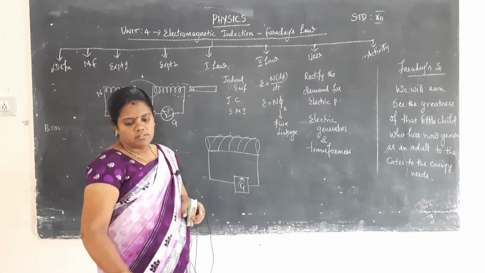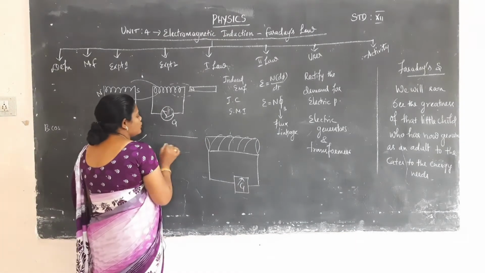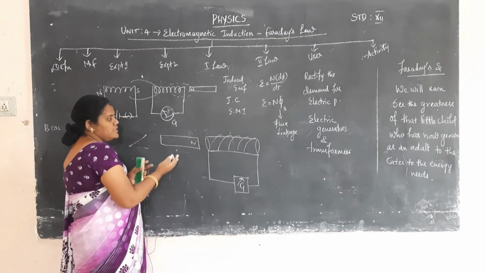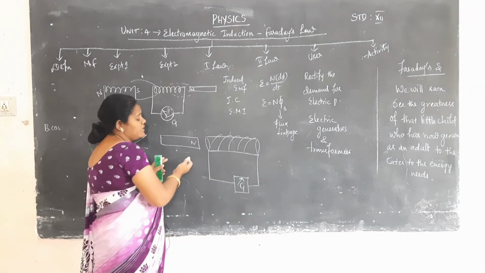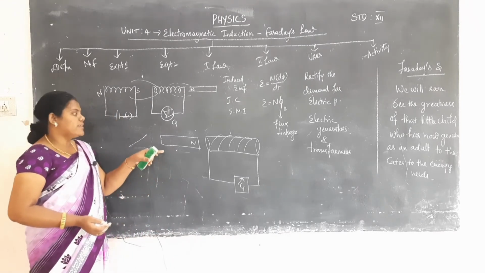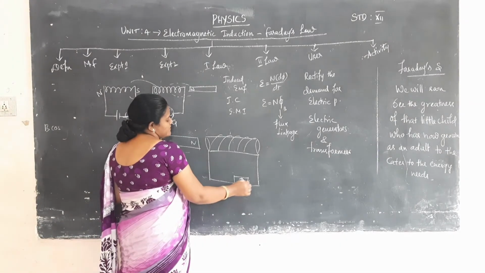Then we take one magnet, either the south pole side or the north pole side, and bring it near one side of the coil. At that time the galvanometer shows a deflection to the right side.